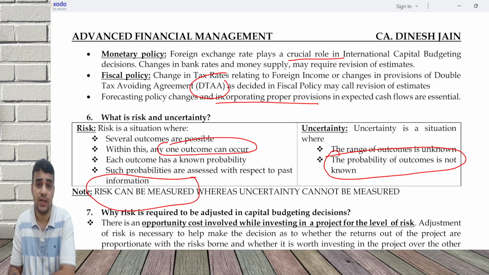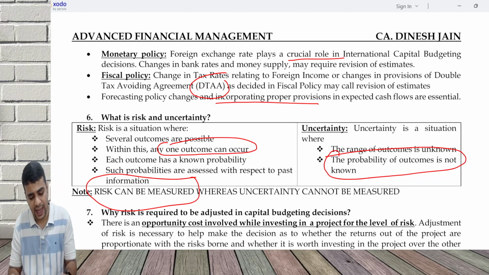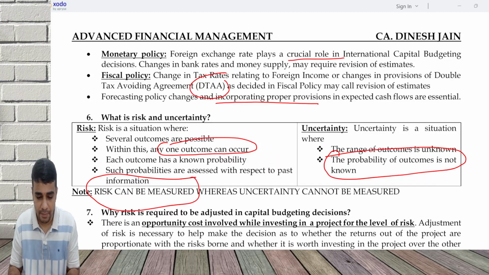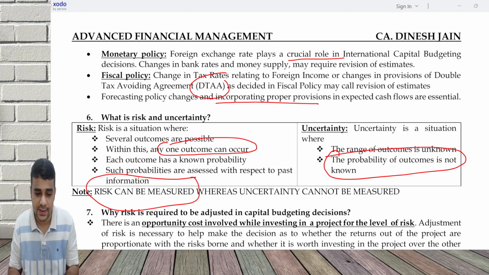Uncertainty is something which cannot be measured by an organization. Our focus in capital budgeting is only on the risk side. I'm not looking at the uncertainty side, because uncertainty as such cannot be measured. Risk is something which I can measure and then take a call on balancing or managing the risk.